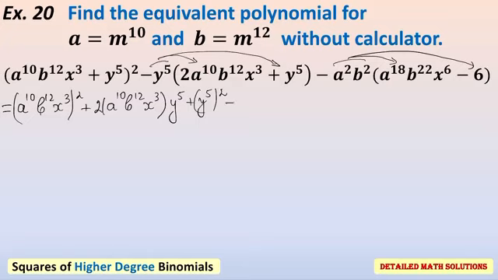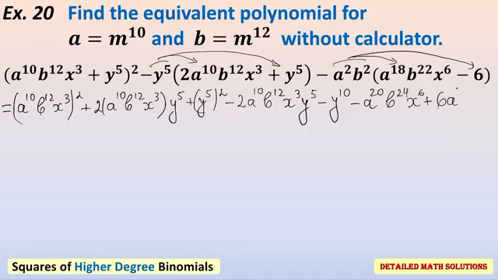When I do that, this equals 2a to the 10th power b to the 12th power x cubed y to the 5th power minus y to the 10th power minus a to the 20th power b to the 24th power x to the 6th power plus 6a squared b squared.